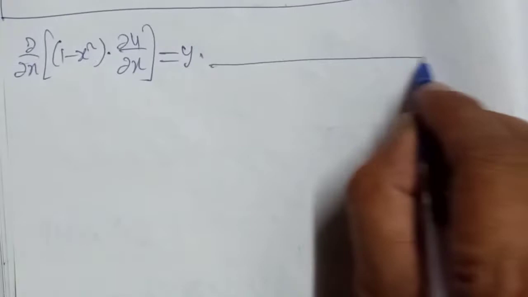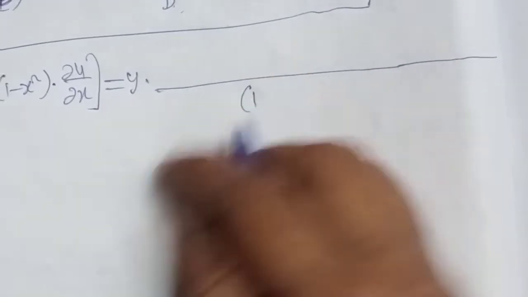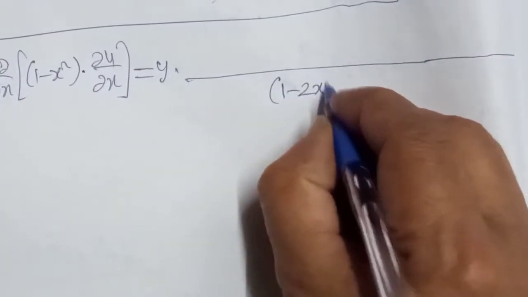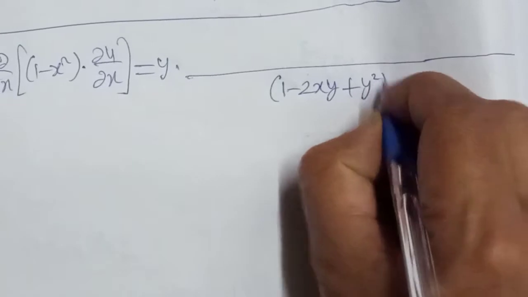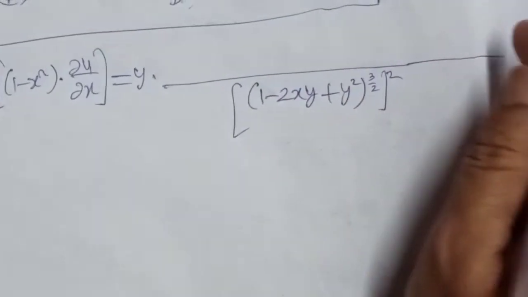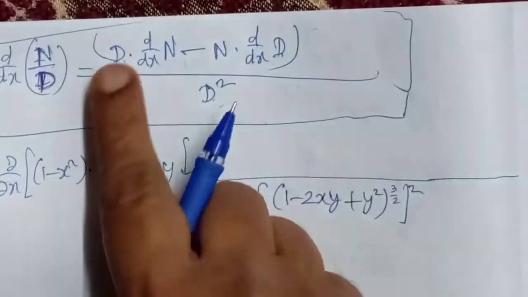the whole square of the denominator, which is 1 minus 2xy plus y square whole power 3 by 2 whole square, and the denominator written as it is.